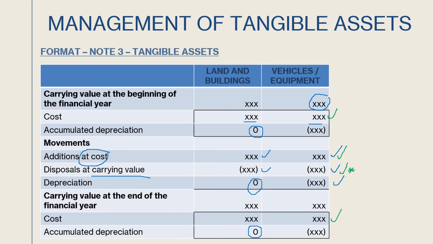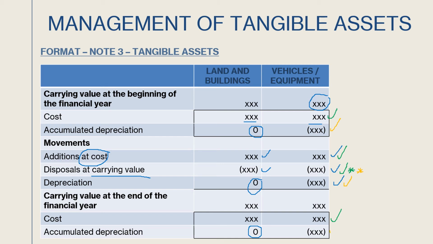Okay, in the same way with the accumulated depreciation, we're going to start with the accumulated depreciation at the beginning of the year. We need to add all the new depreciation that we've made provision for during this year, but we have to minus the accumulated depreciation of the assets that we have sold because we don't have them anymore.